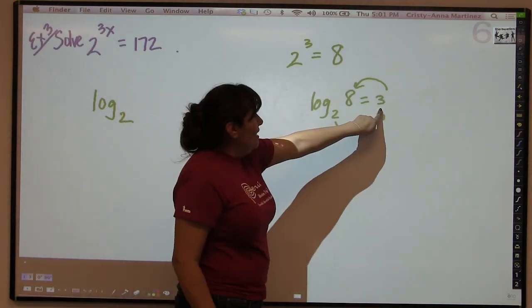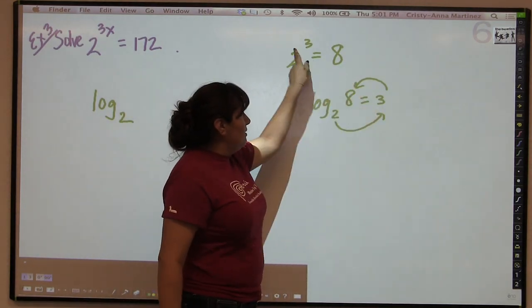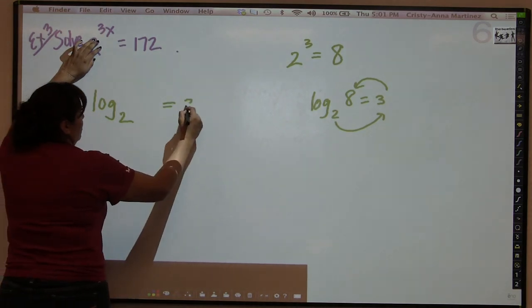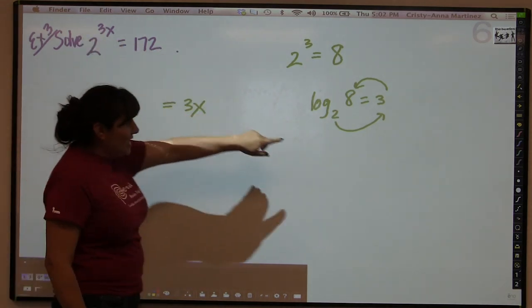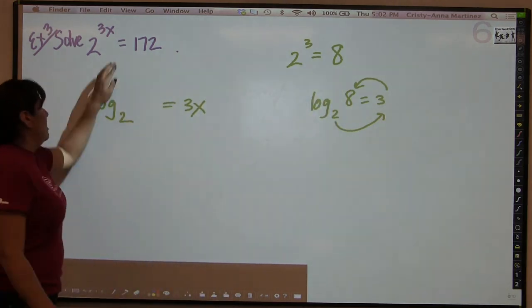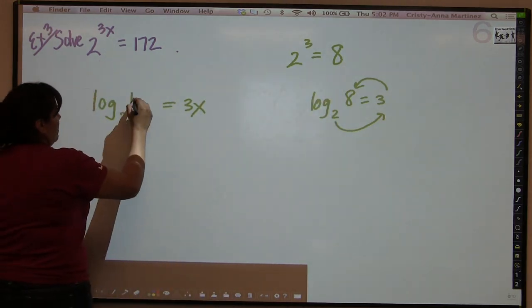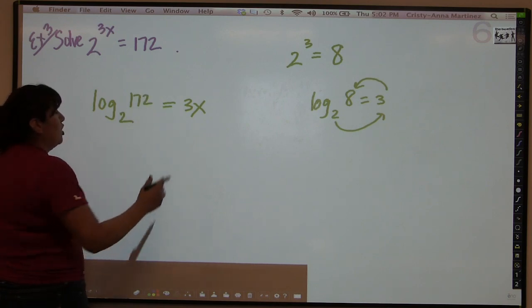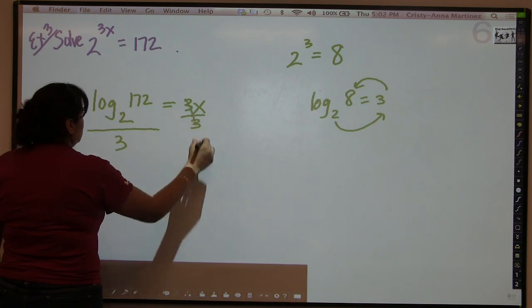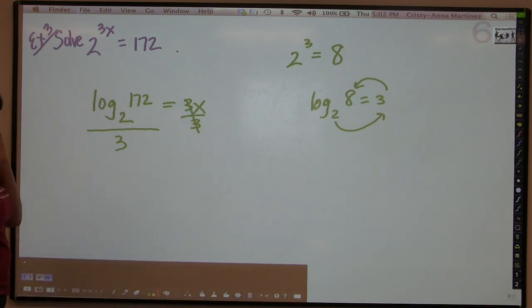The 3 is the exponent of the exponential. So the exponent of this exponential is 3x, so it's going to equal 3x. And the 8 is what the exponential equals. So the exponential equals 172, so we're going to put 172 here. So basically we get log base 2 of 172 divided by 3.